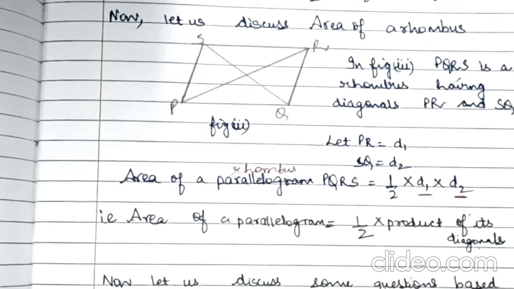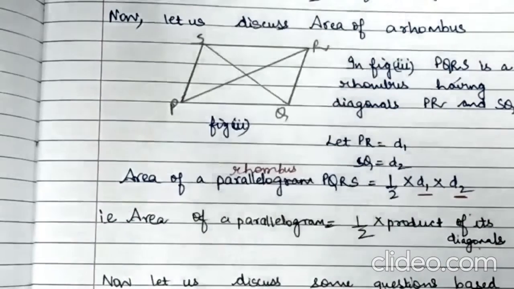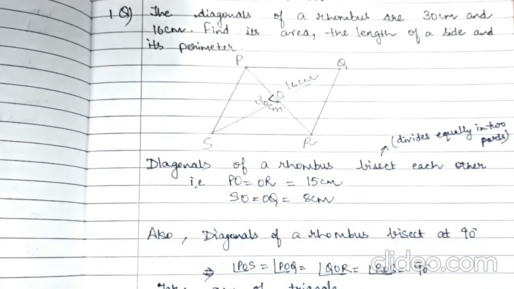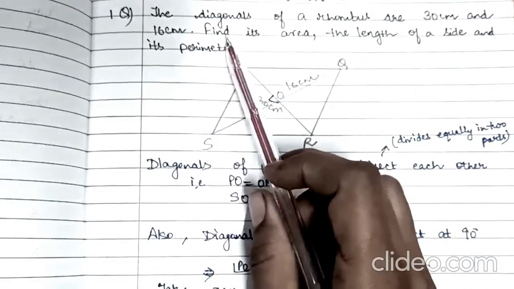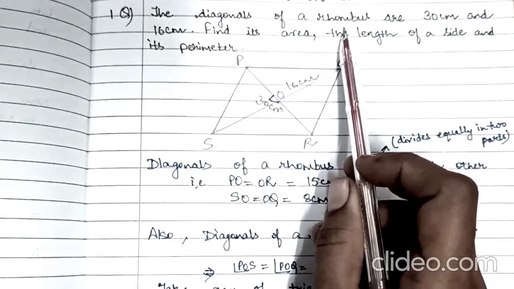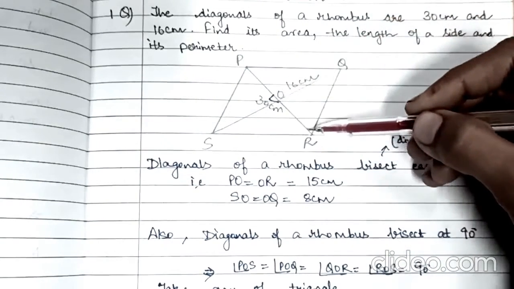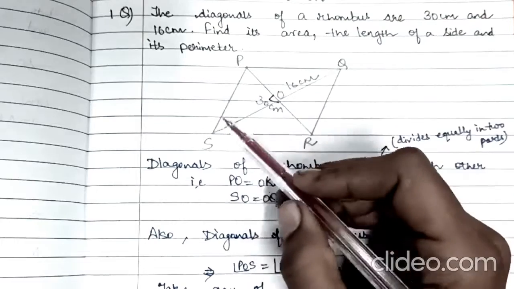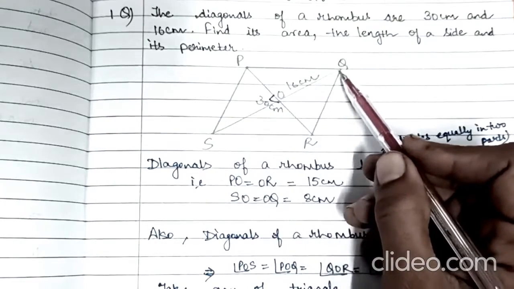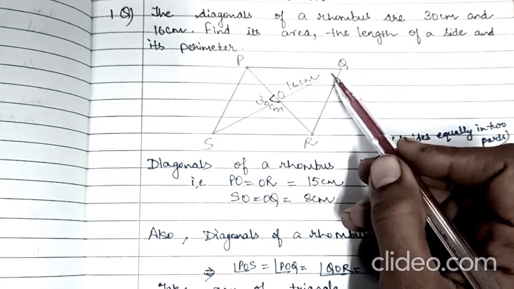Now let us discuss some questions based on the area of a parallelogram and the area of a rhombus. The first question is, the diagonals of a rhombus are given to you. The first diagonal is 30 centimeter and the other diagonal is 16 centimeter.